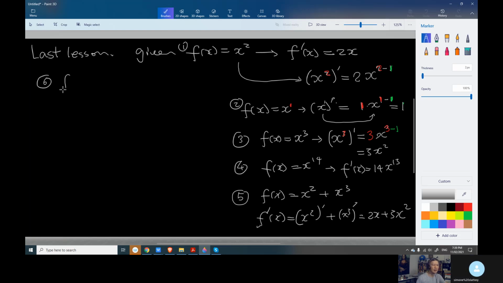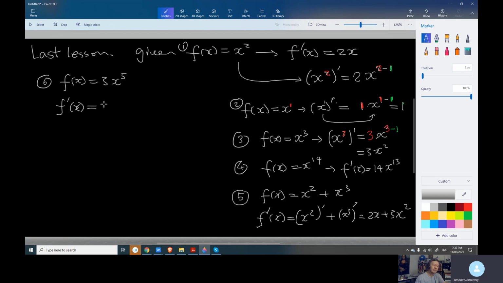How about this time f(x) equal to 3x to the power of 5? What can we do with the number in front of it? How do we find the first derivative? Wouldn't it be 15x to the power of 4?